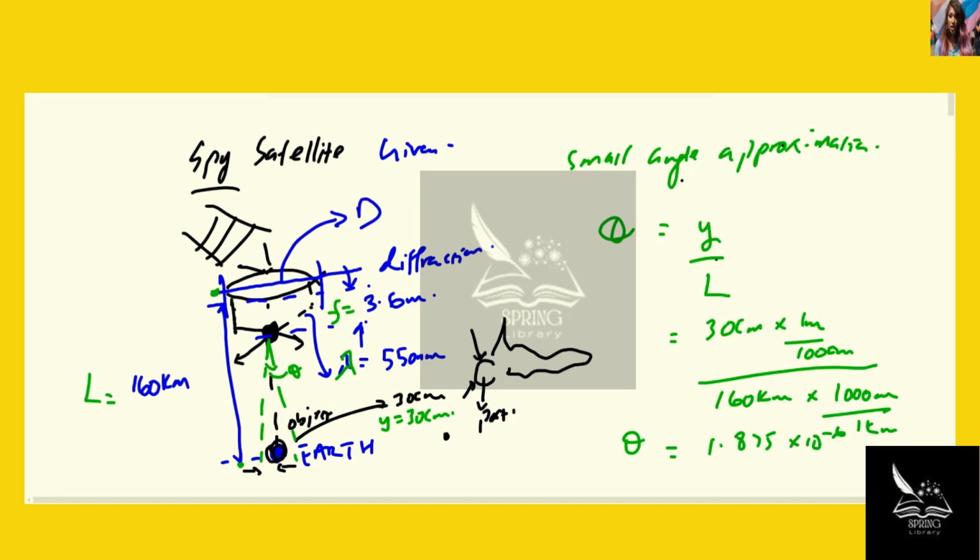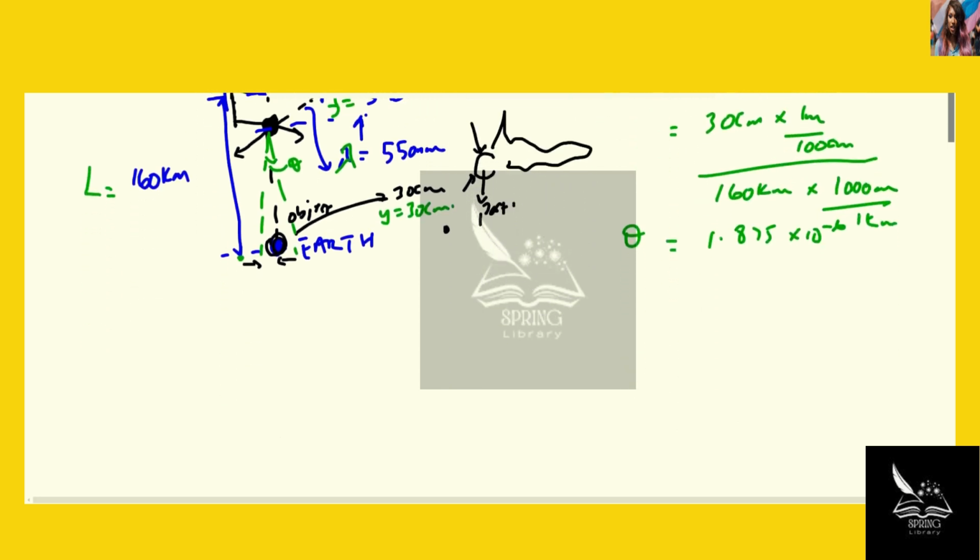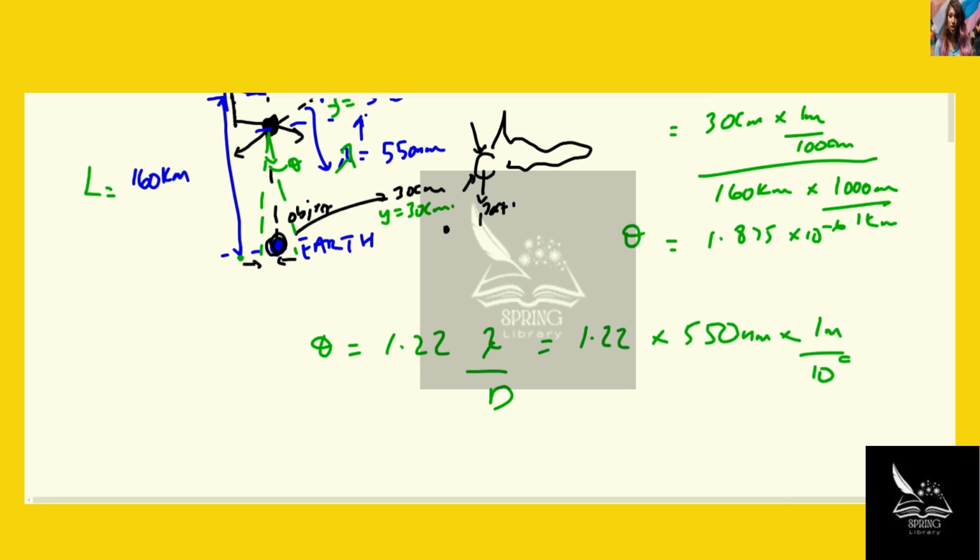We continue simplifying. Theta is also 1.22 lambda over d. Lambda is 550 nanometers; change that to meters, with 1 meter equal to 10 to the 9 nanometers.